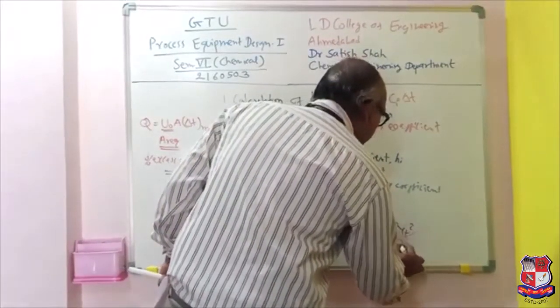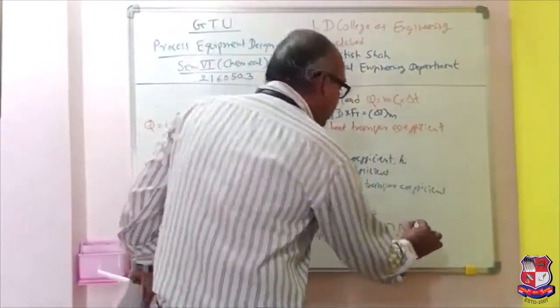Rho ut square by 2 in Newton per meter square.